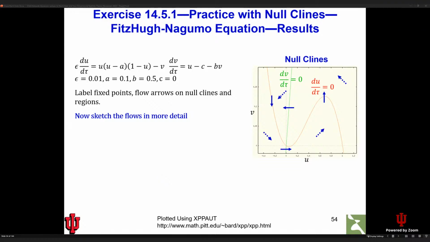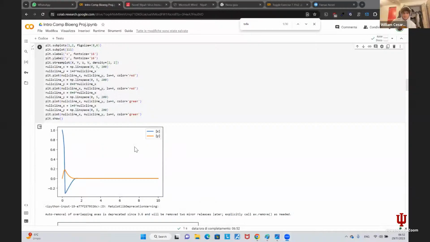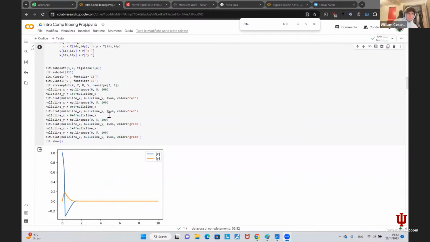William, why don't you work on it while we're taking a look at that? There we go. That looks more like it. So this is not a spatial model. Let's just plot U, don't plot V on the same plot.